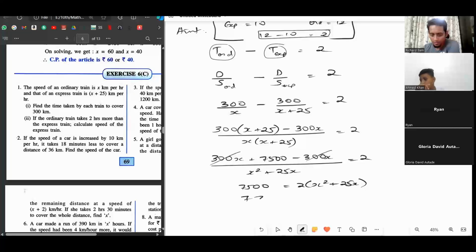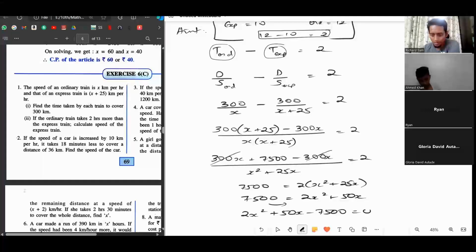So that is 7500 is equal to 2x square plus 50x. Take the 7500 on the right side. So 2x square plus 50x minus 7500 equal to 0. Divide the equation by 2.